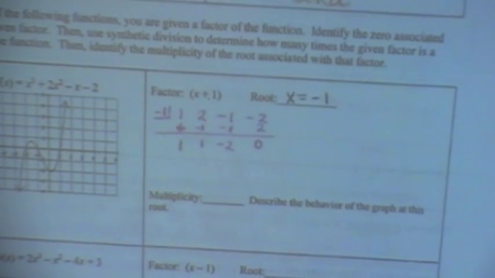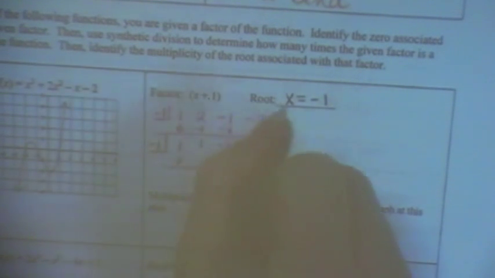Now, it should have worked the first time because they said it was a factor. But they want us to do it again and see if it's a factor more than once.